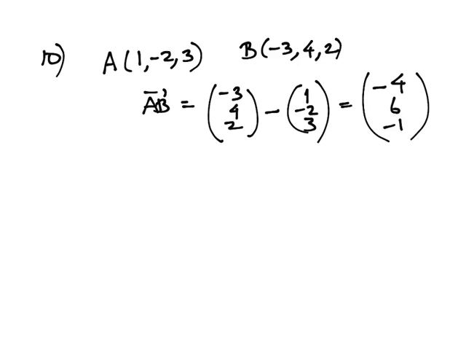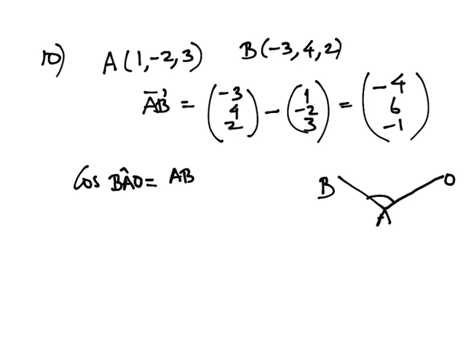Find BAO. You need to find BAO. So how do you find it? Let me draw the diagram here. I've just drawn an obtuse angle, but I don't know whether it is obtuse or acute, but I need this angle BAO. That means cos of BAO equals AB dot AO by magnitude of AB into magnitude of AO.